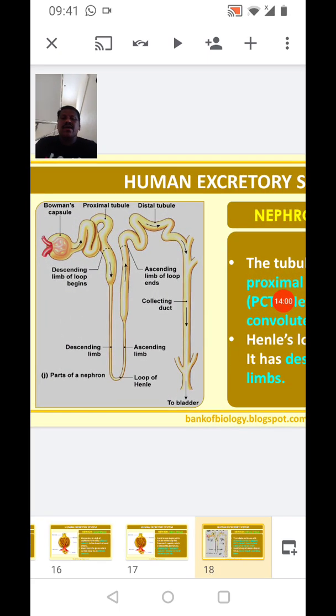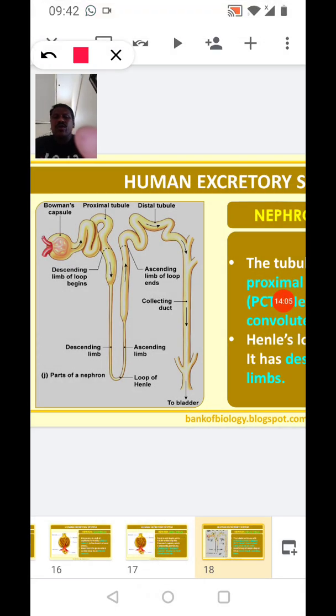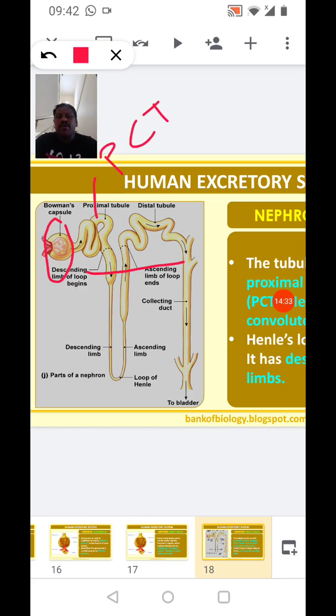And next we will see the renal tubule. As I told you, this portion of the nephron is the renal capsule, and the remaining portion, this whole portion, is known as the renal tubule. Okay. Remember, a renal tubule has three important parts. Number one is the PCT, meaning proximal convoluted tubule.